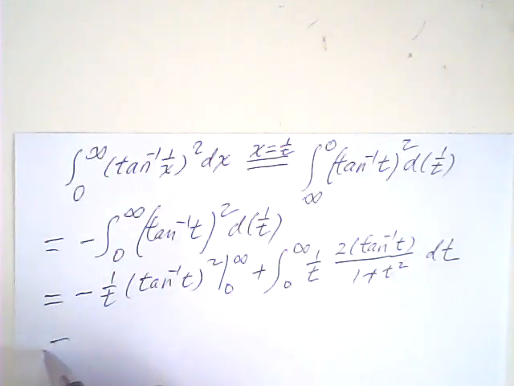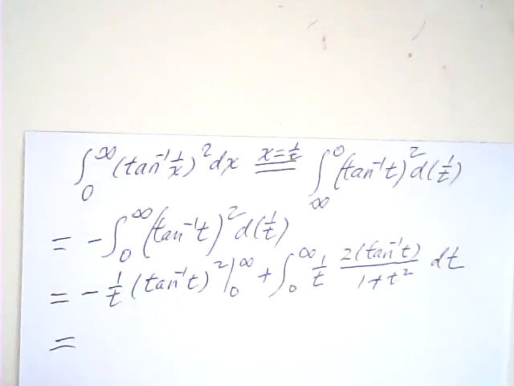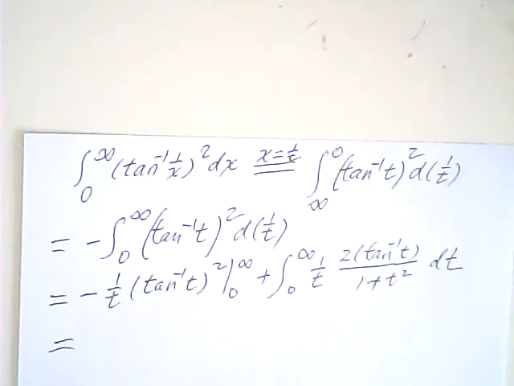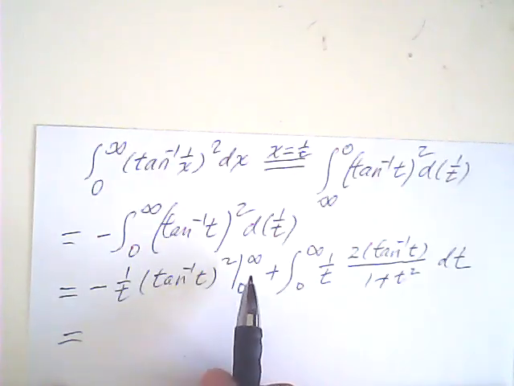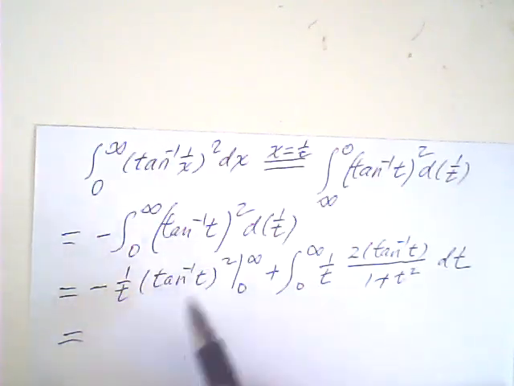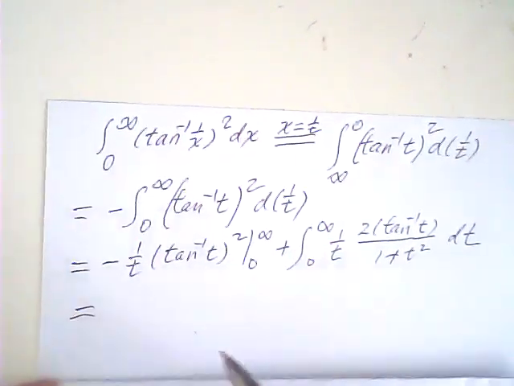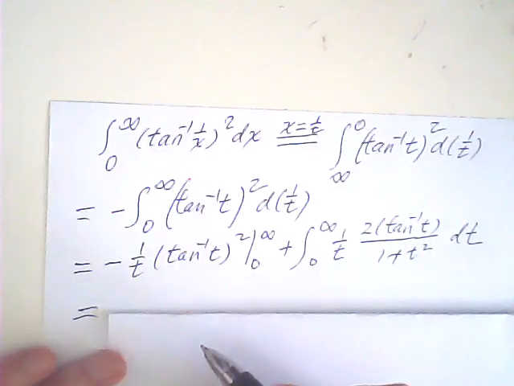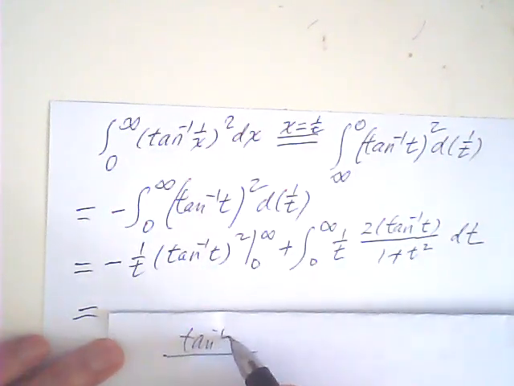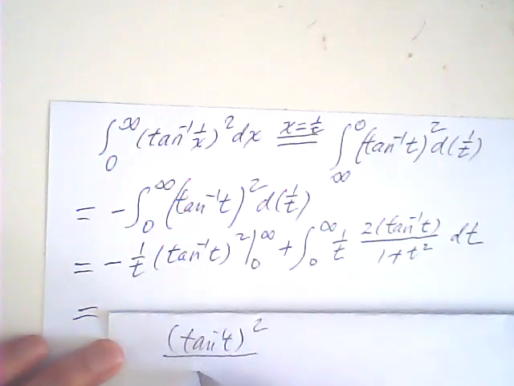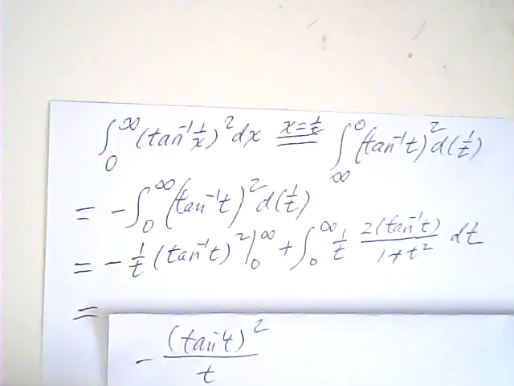Now this one, when t is infinity, no problem. This is 0. When t equals 0, this is minus t squared over t, right? It's negative.